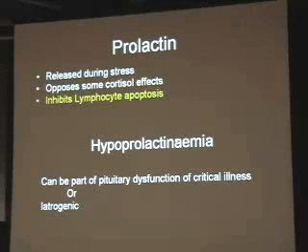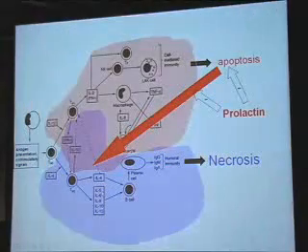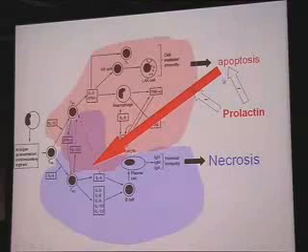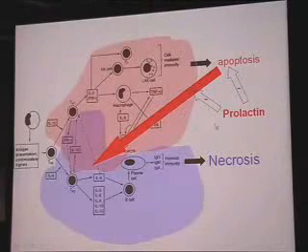Us as intensive care doctors often look after patients with low prolactin levels, though we often don't recognize it, I suspect. It can be part of the general pituitary dysfunction you get when you're sick, or, as I've hinted, it can be iatrogenic. And so prolactin, if there's prolactin normally, will act to limit apoptosis and therefore to limit this feedback. So low prolactin levels will cause more feedback and more immunosuppression.